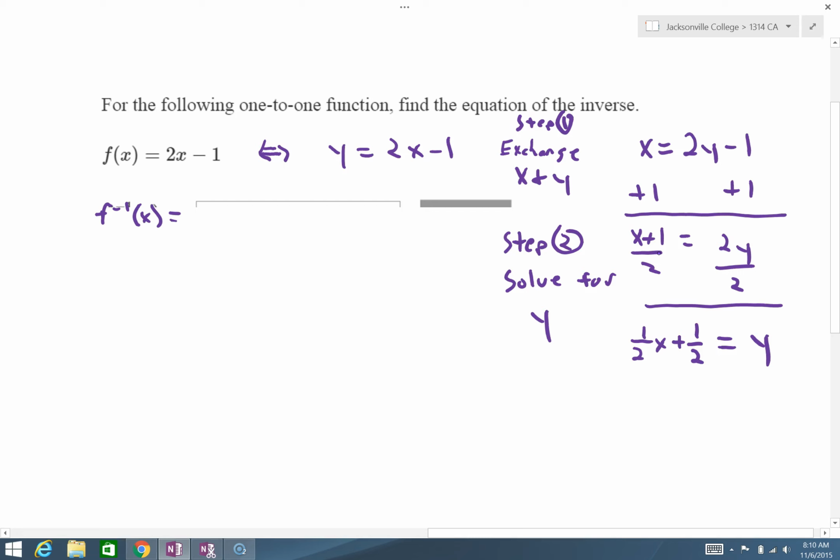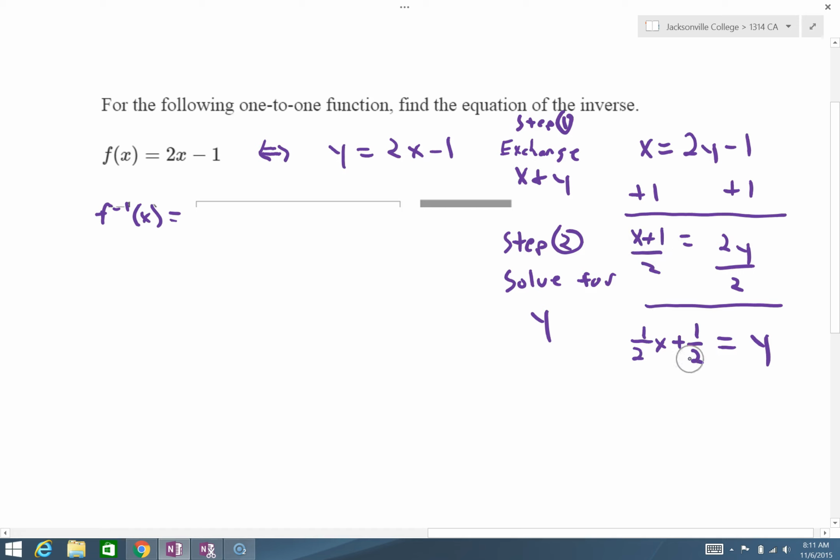I want you to compare our initial statement with this statement. This is saying we're going to multiply x by 2 and then subtract 1. This is saying we're going to take 1/2 of x. Notice that's the opposite of that. And then we're going to add 1/2. Coming back to this statement, you can see it a little clearer.